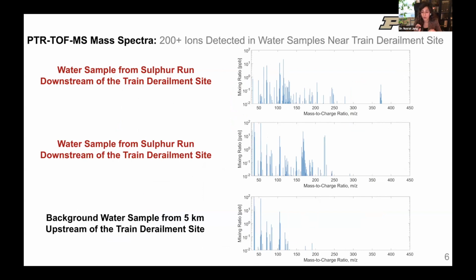So 5 kilometers is around a 3.1 mile radius. Really what you can see here is that the water is more contaminated around the derailment site than it is outside that area.